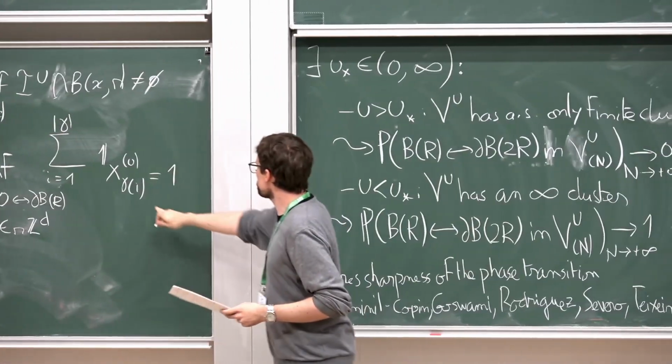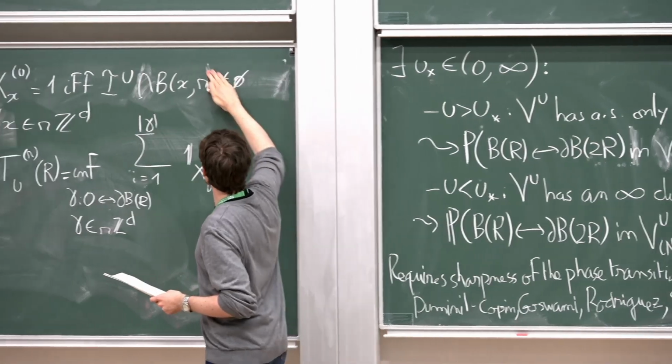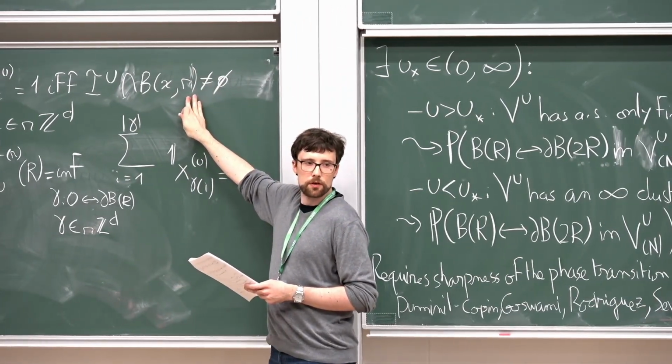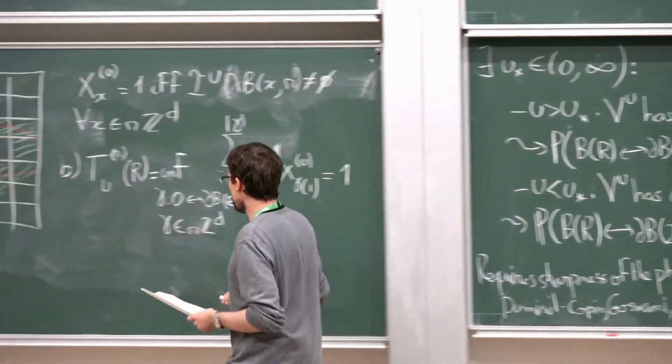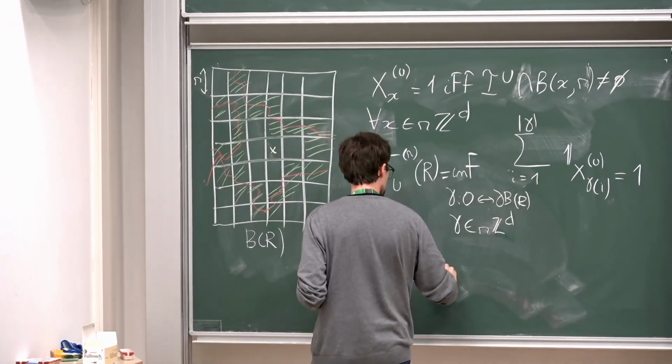Okay, same as before. Before it was x is in the interlacement, and here it's like x is at distance smaller than r, small r, from the interlacement. Okay? And so in particular, you have T^{u,0}, this is just T^u.